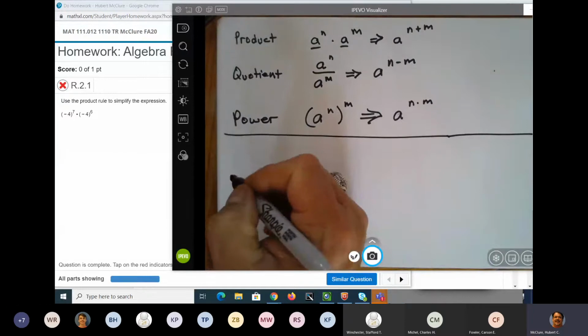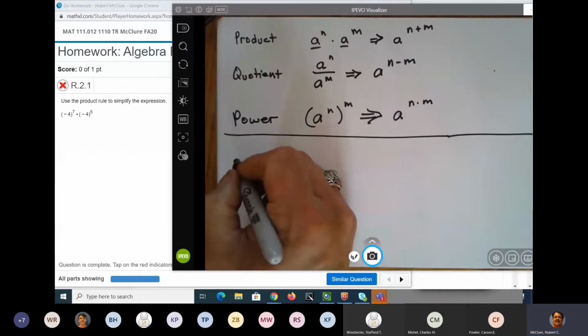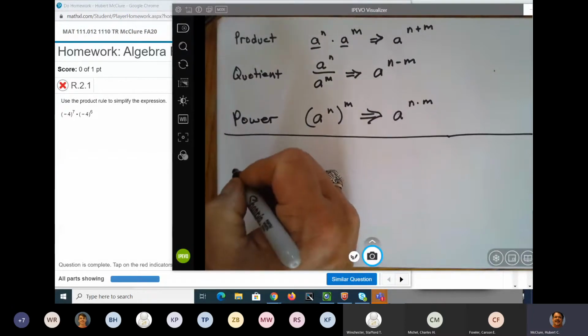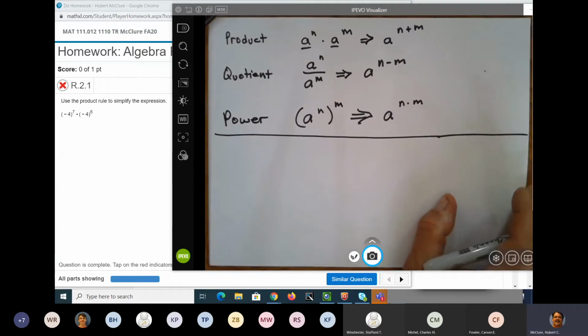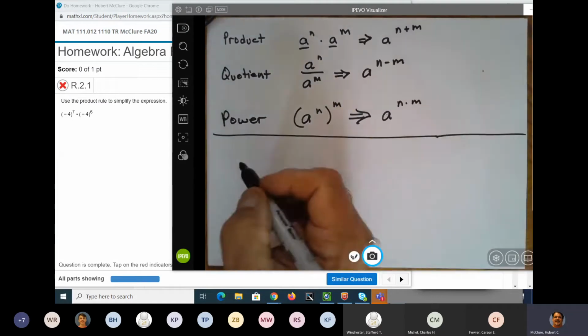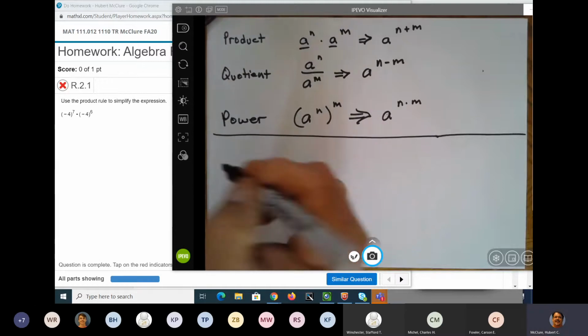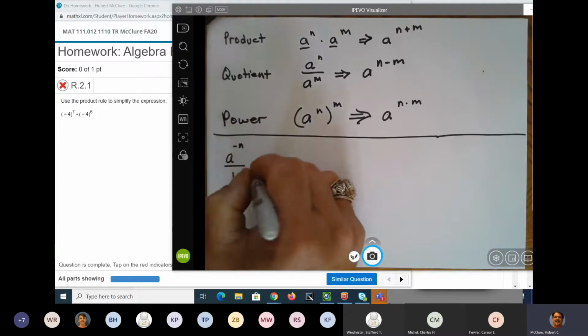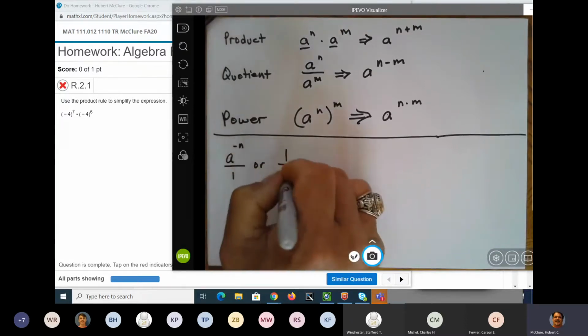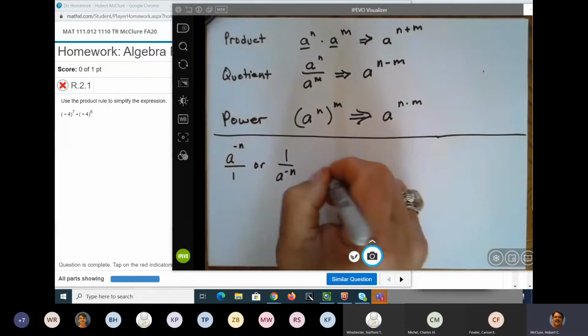Aesthetically, these two laws that I'm fixing to write down make the problem look better. Because you don't want a negative exponent. So if I have a to the negative n over 1, or 1 over a to the negative n, you just what?